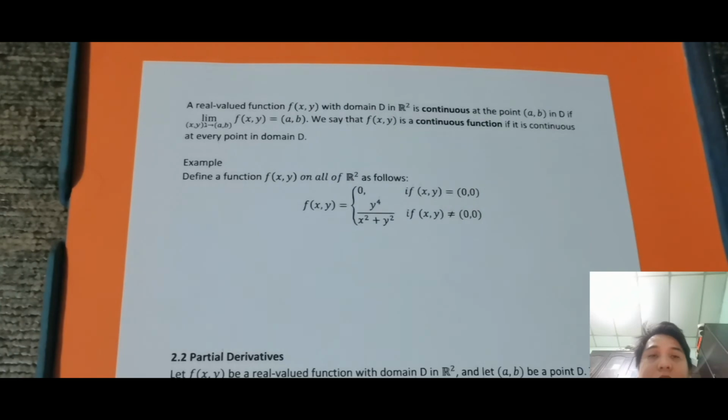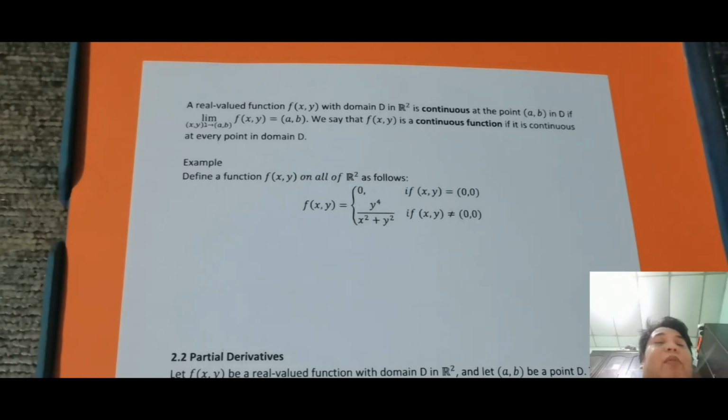Okay, so ayan, no. So a real valued function f of x comma y with domain D in R squared is continuous at point a comma b in D if the limit of f of x comma y as x comma y approaches to a, b equals f of a, b. So again, disregard nyo yung lambda na yun, na type ko yata.